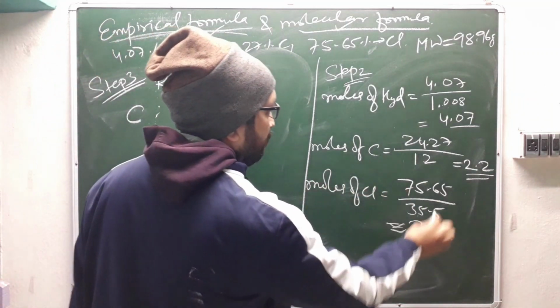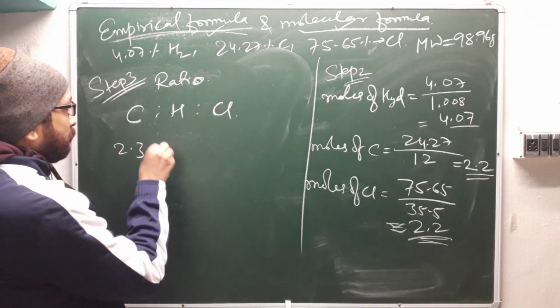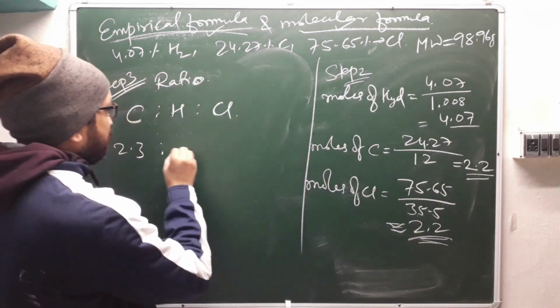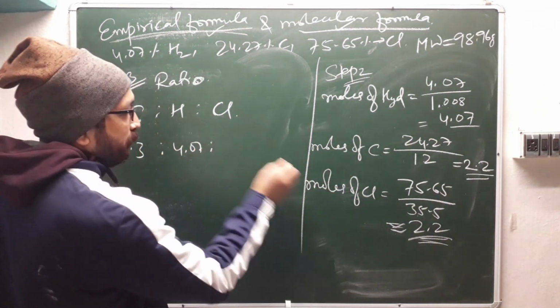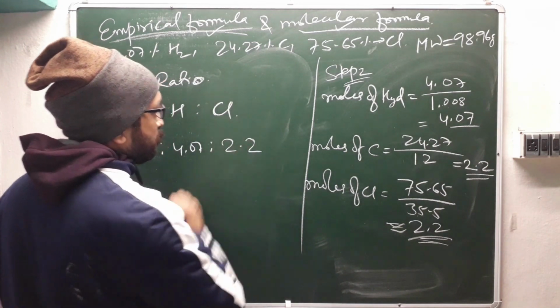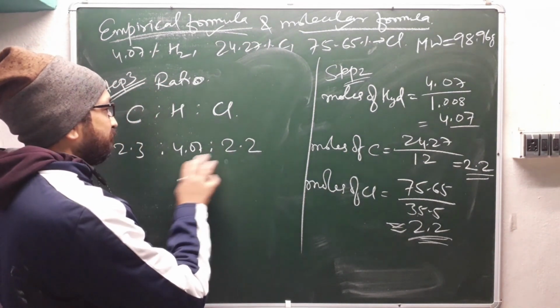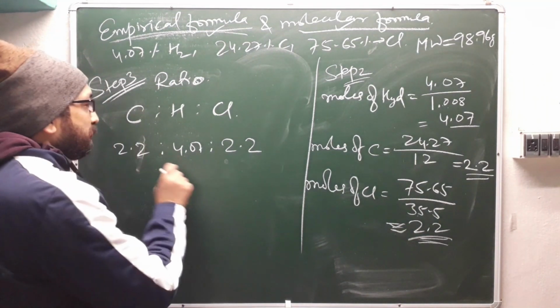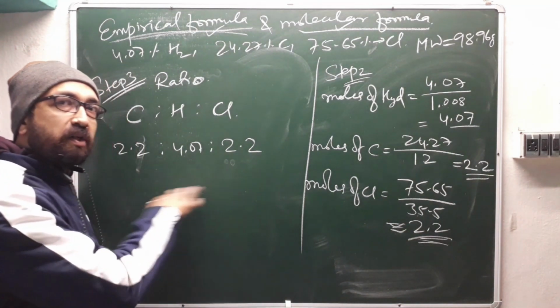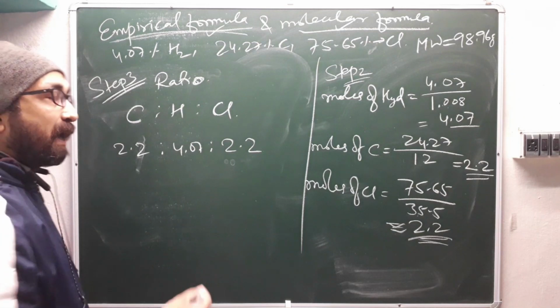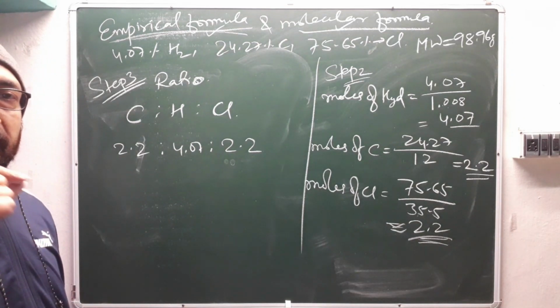Carbon is 2.2, hydrogen is 4.07, chlorine is 2.2. Now the minimum value is 2.2, so just divide by 2.2, because we have to find the simplest whole number.